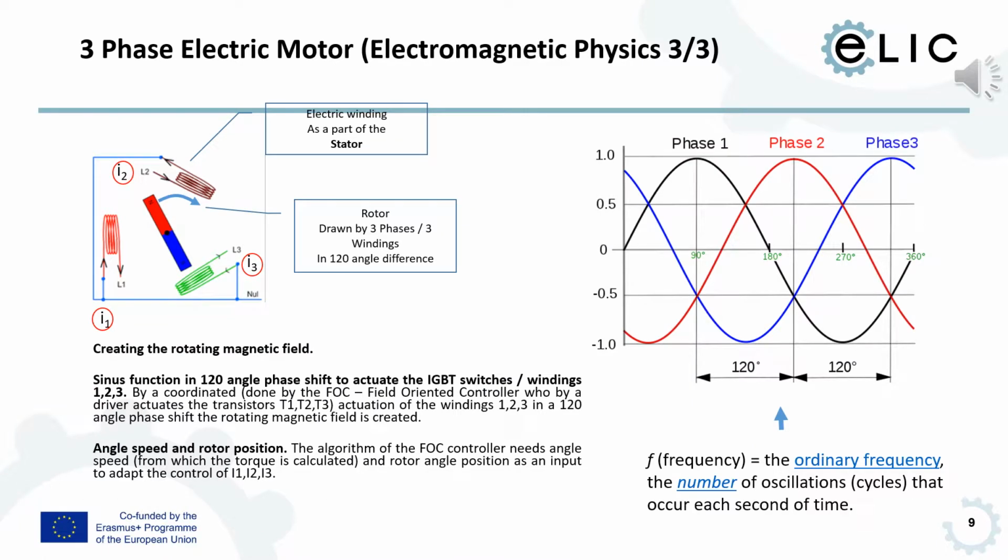The field-oriented controller running as software on the electronic control unit is actuating these MOSFET switches, which are the semiconductor elements to produce the I1, I2 and I3 currents.